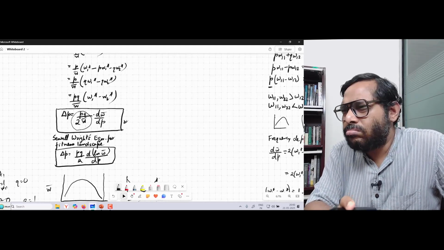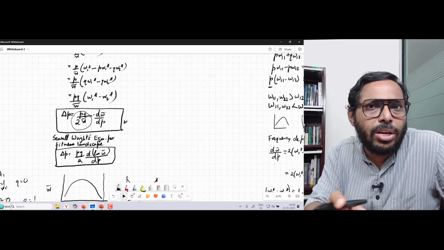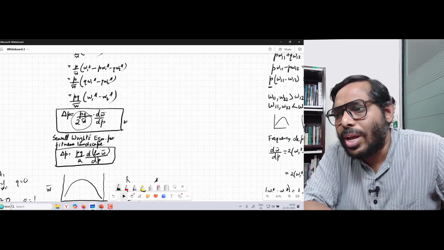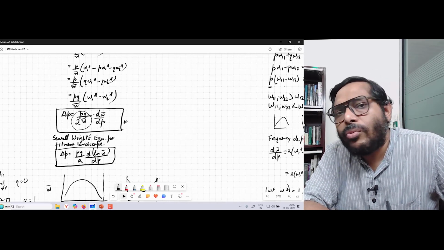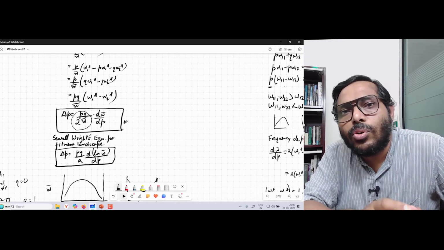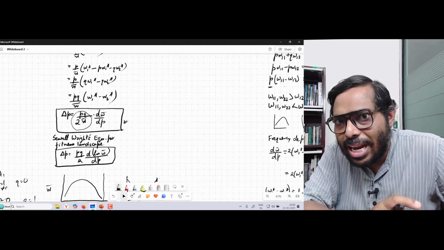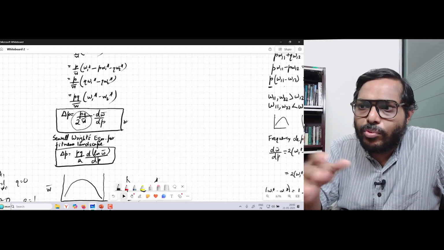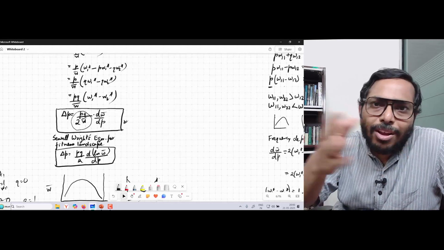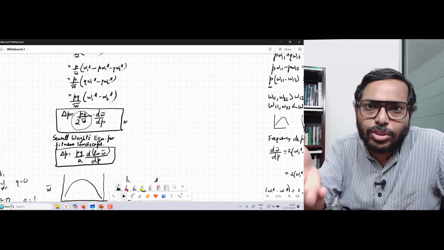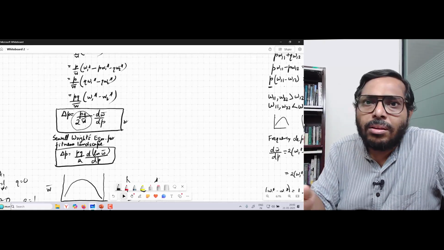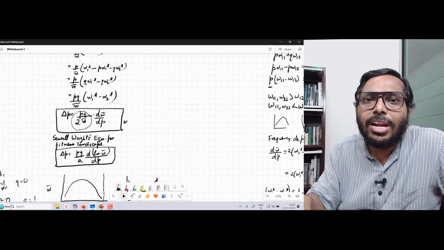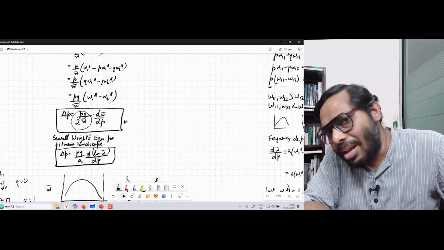Let me see if we have time, we'll quickly do some Excel simulations to drive home some of these points, and we will explicitly answer the 3 or 4 observations that we had last time, and why those observations are the way they are. In fact, if you just take today's discussion and go back to those observations, the answers should become very clear to you. But for the sake of those people who are finding the maths a little tough, I will discuss those explicitly in the next discussion.